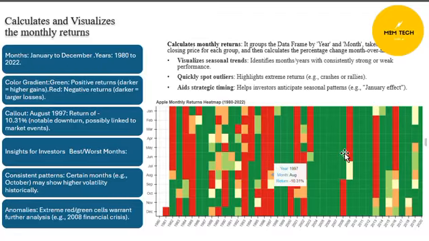The green color is positive returns, and the red color means negative returns. Look at this information. I added the hover tools on the chart, so when I point my mouse here, it shows this information automatically.